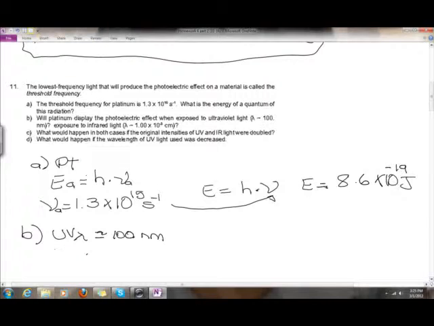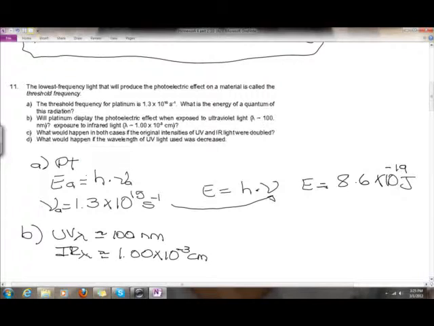And then we have IR, infrared, and the wavelength would be approximately 1.00 by 10 to the minus 3 centimeter. Now be careful, this is centimeter, okay?